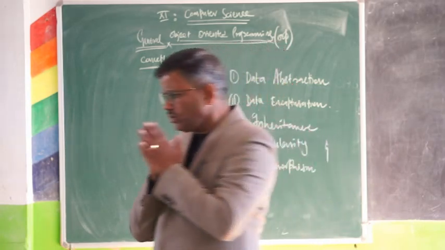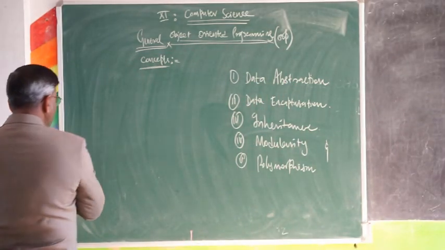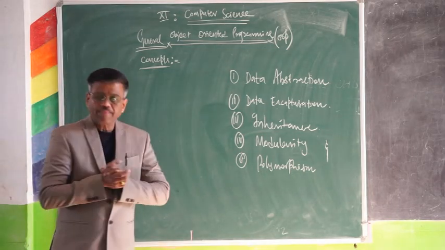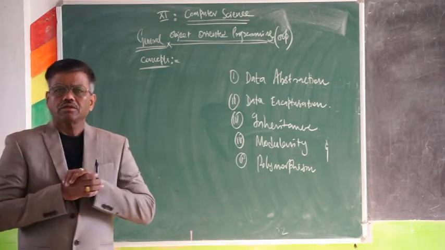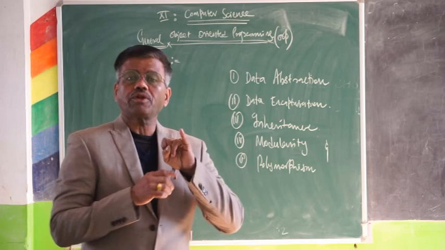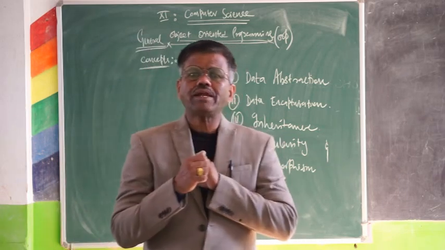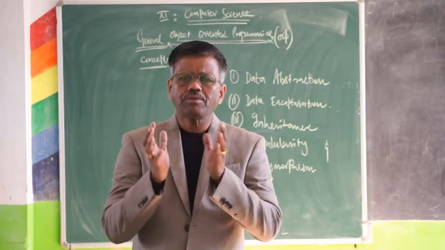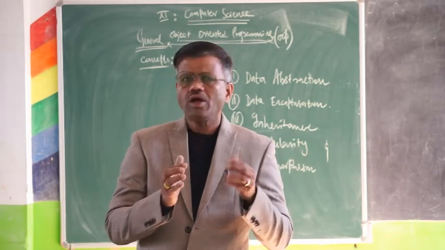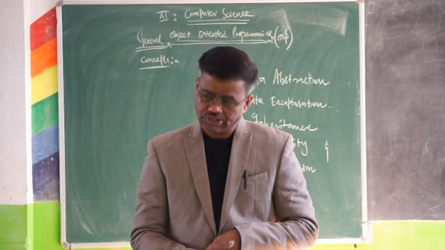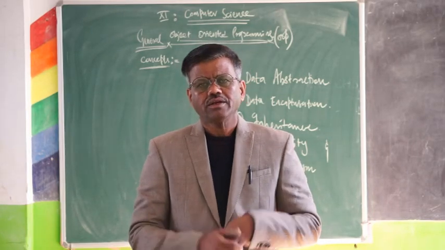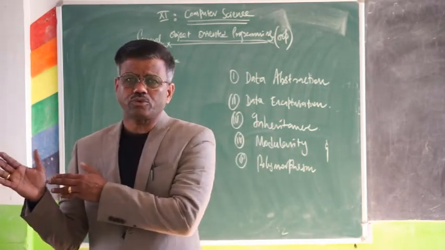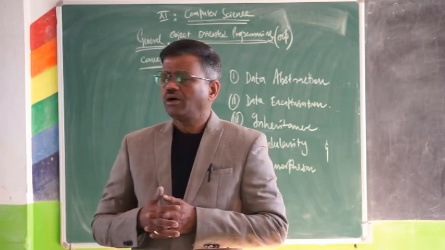So, let me recapitulate what I said so far. What is an object-oriented programming paradigm? What is a programming paradigm? The organizing of programming principles. Whatever the principles may be, we have to organize them. It's a way of programming approach, a different way of programming approach.